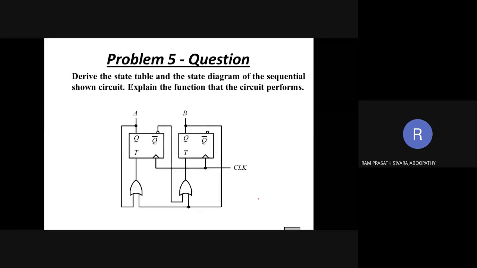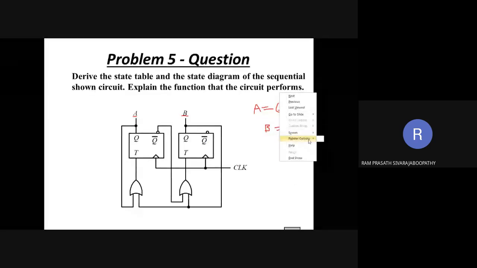Clear? Are you able to understand? Or else you can say A and B are the outputs, then A equal to QA and B equal to QB at any point of time. That's all. Okay, fine. So we can analyze this. As far as this circuit is concerned, there are no outputs and no inputs.